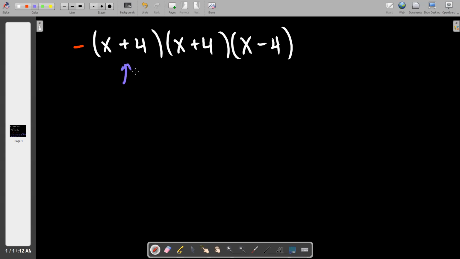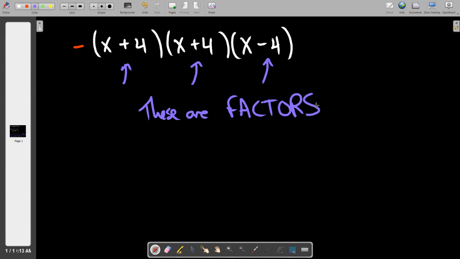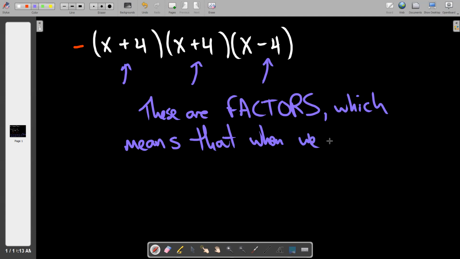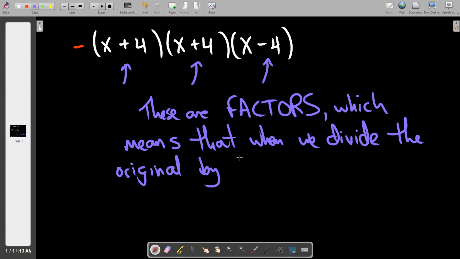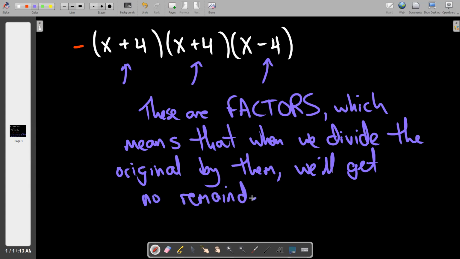It means that these things are factors of the original polynomial, which means that when we divide the original by them, we'll get no remainder. This is a perfect time and example for me to now show you what it looks like to do division.